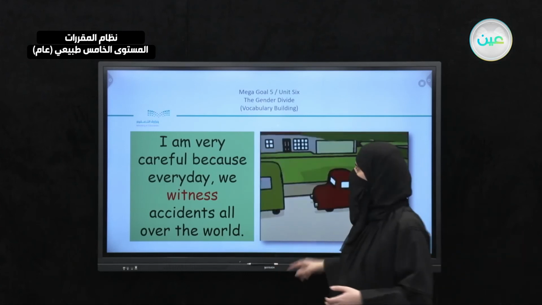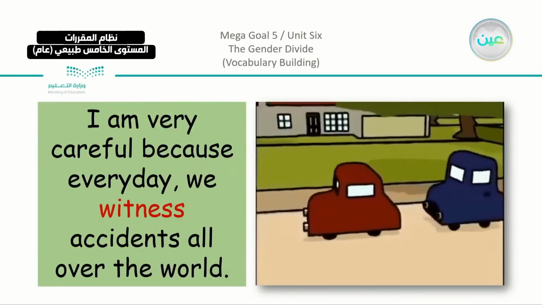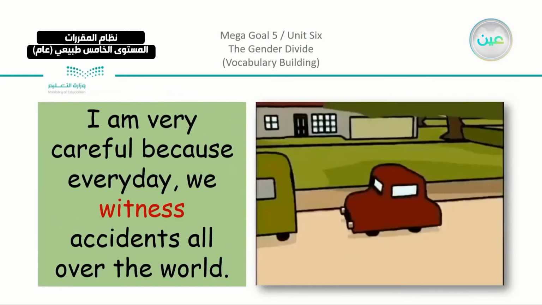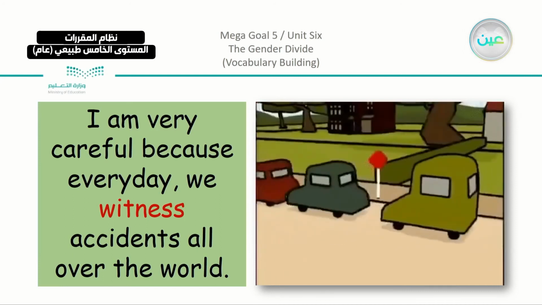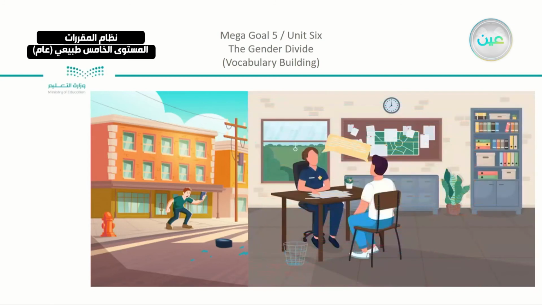So we have here witness. This guy is a witness, which means when you go back here, we witness everyday accidents. We witness is a verb. And also I can say that this guy here is a witness, who of course is someone who saw something and can tell someone else.